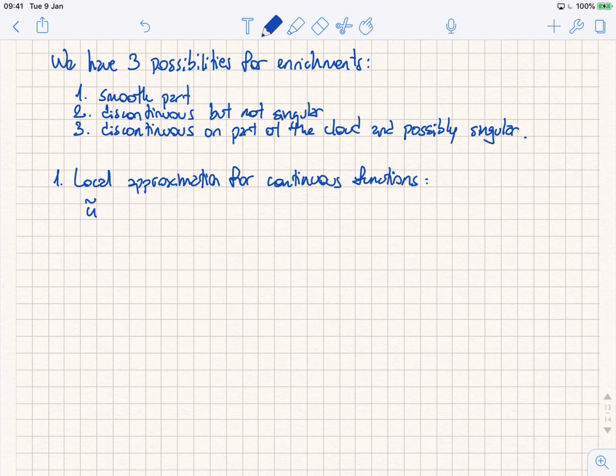So we have the continuous part, and I'm going to call it with a tilde to denote that it's actually continuous. And we have seen before when we were looking at material interfaces that the best functions that we can choose for this are polynomials of higher order. So my enriched space for the continuous part, where the dimension of this space is dl tilde, then you know what those are.